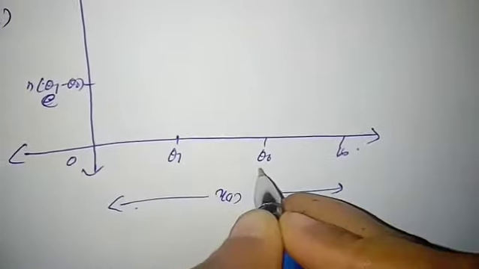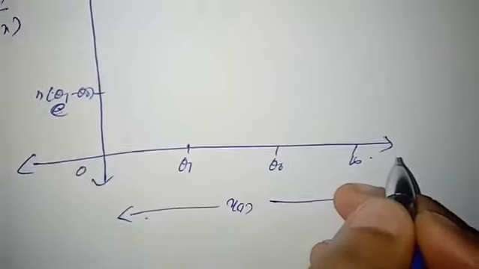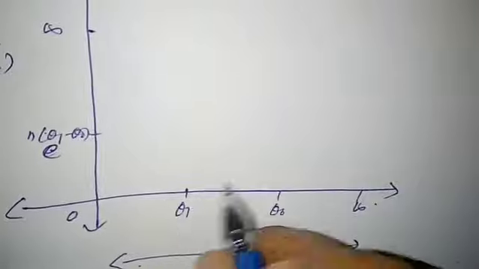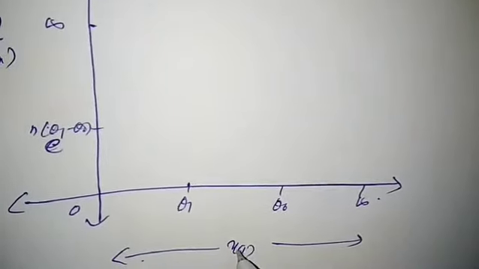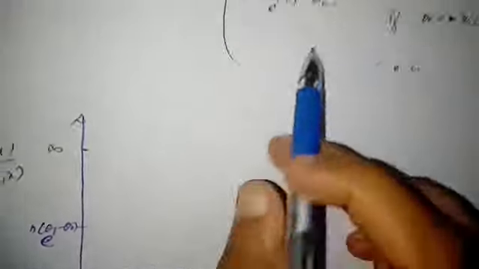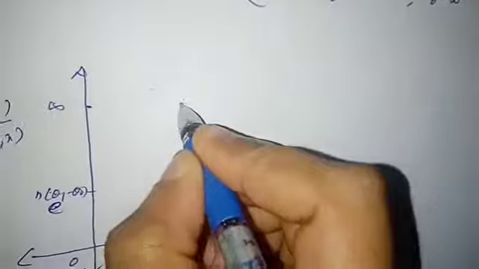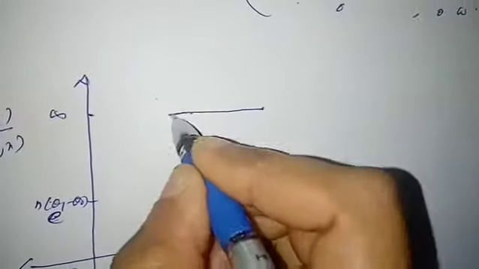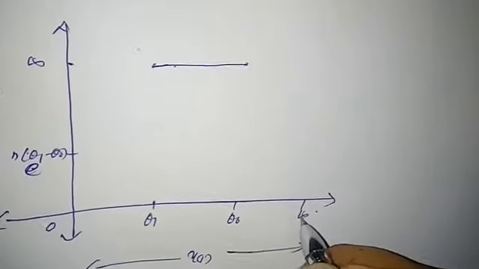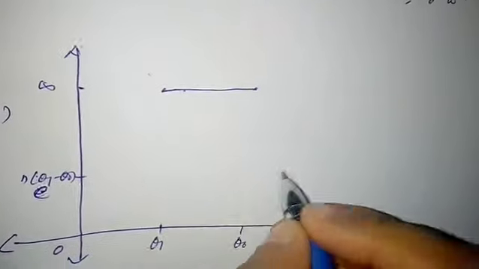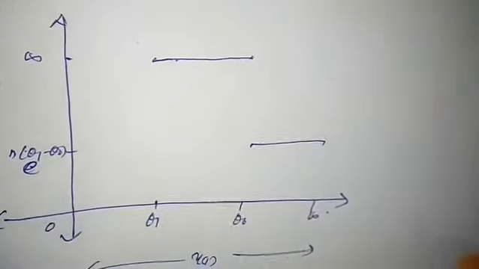We know that θ1 is less than θ0. In the ratio, if θ1 < x1 < θ0, it takes the value infinity. From θ0 < x1 < infinity, it takes a constant value, that is e^(n(θ1 − θ0)).